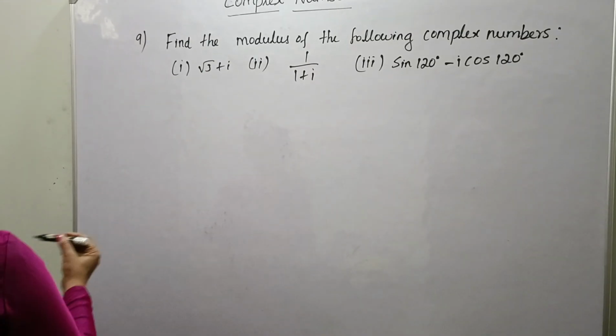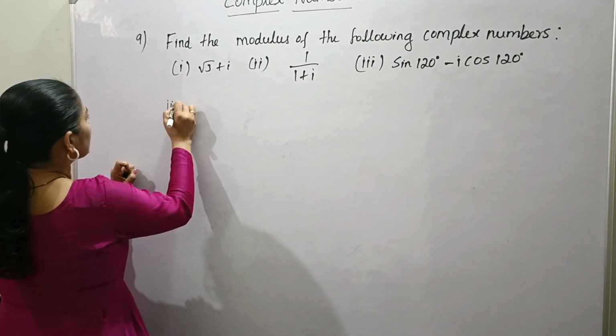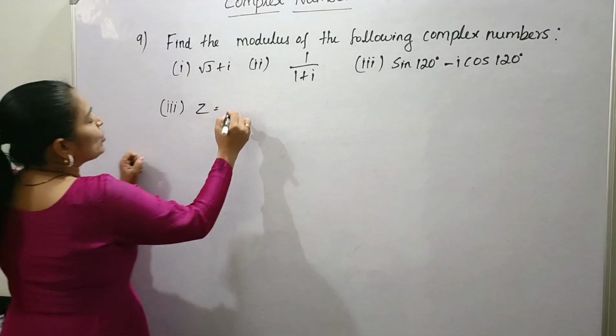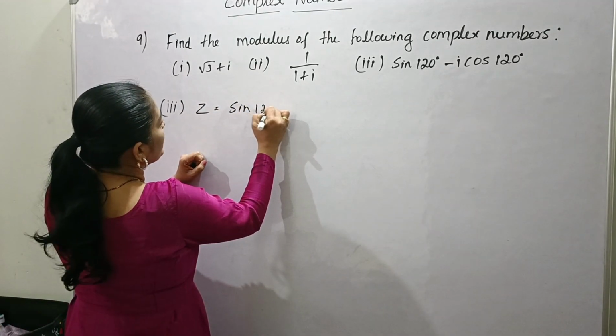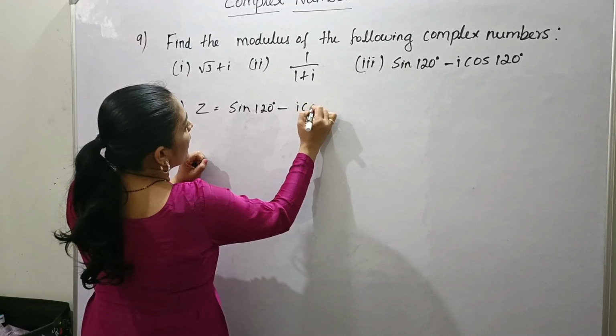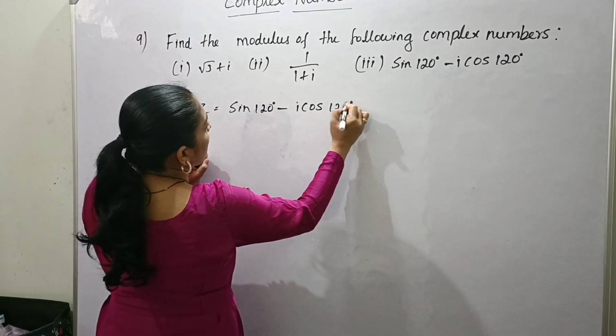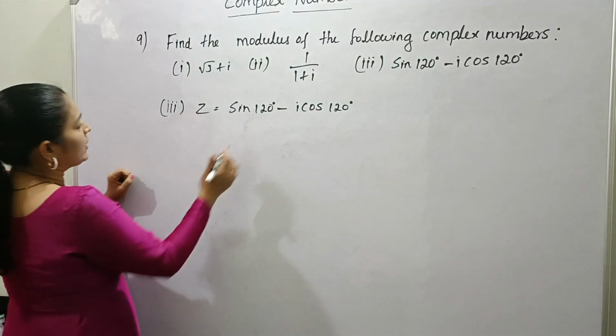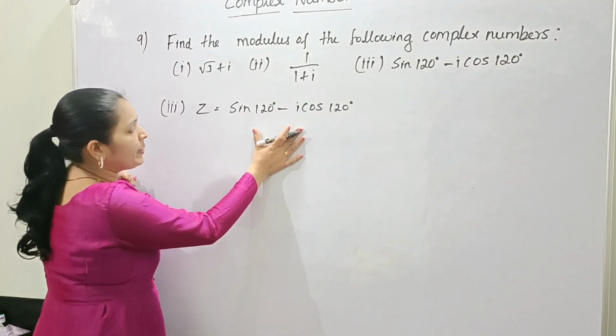Next given complex number is z = sin 120 degree minus i cos 120 degree. So here it is in the form of a + ib.